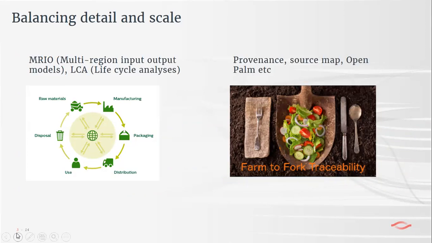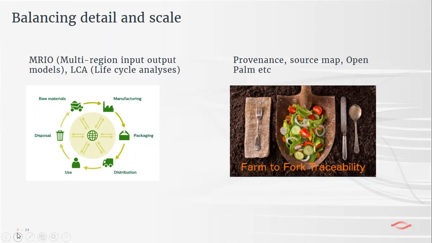So Trase is a middle ground of supply chains mapping, from producing regions to import markets via the exporting companies. It's more granular than existing multi-region input-output tables or life cycle analysis approaches, which is important because, as you all know, the region you source from in Brazil makes a big difference in terms of the potential environmental and social impacts of that sourcing.